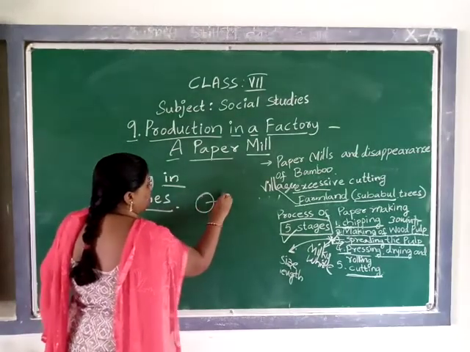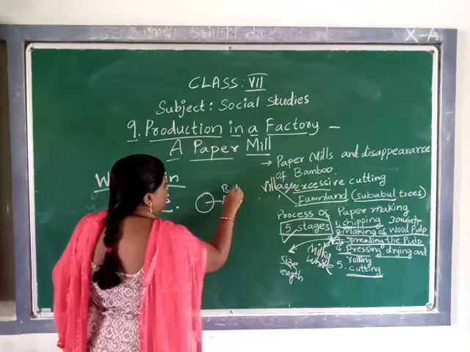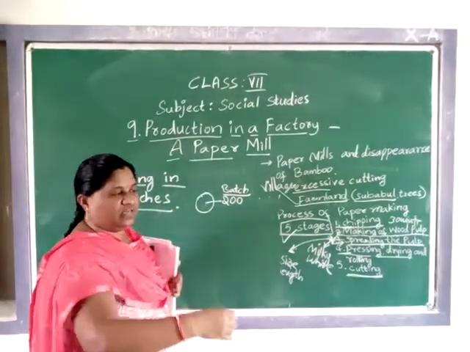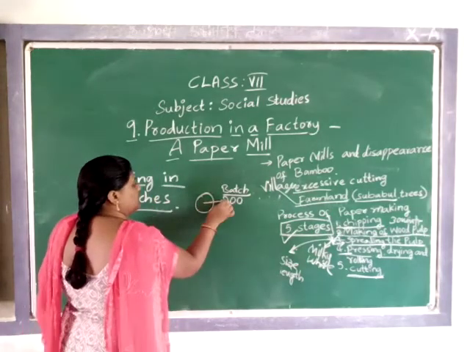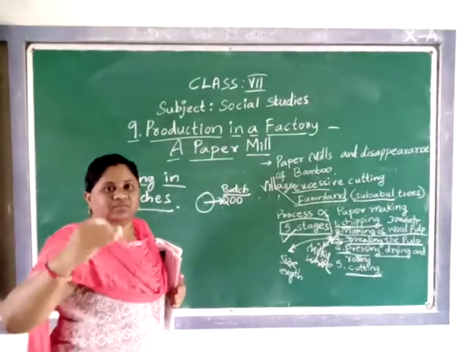For example, they will give batch number 200 for that one lorry of subabul trees or bamboo sticks which they carry to the factory. So here they give a number for that total lorry-loaded raw material.